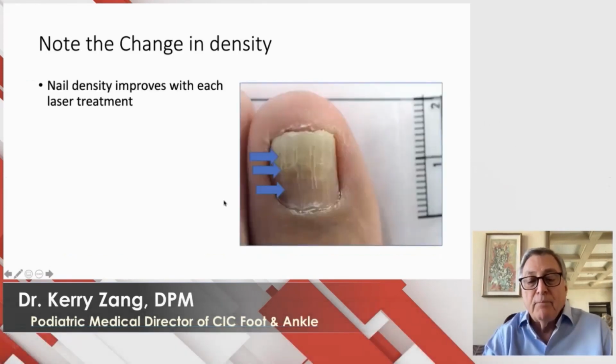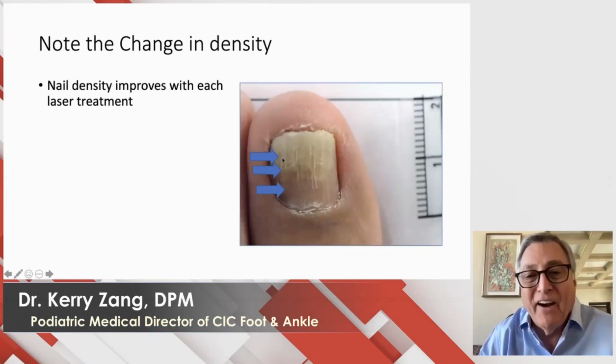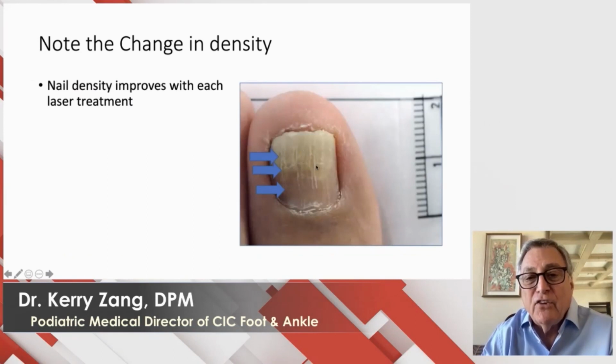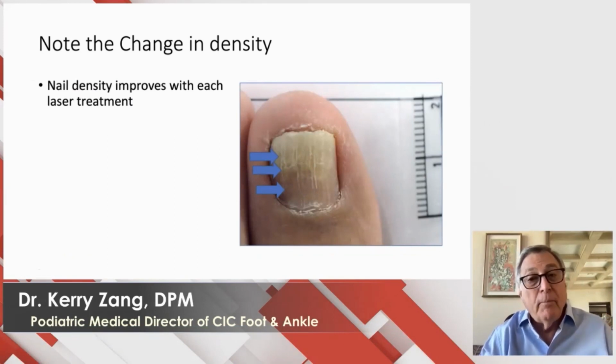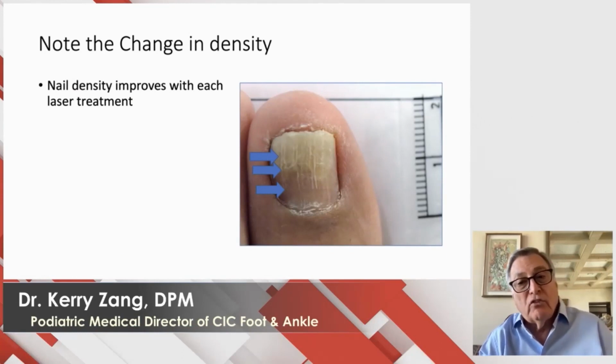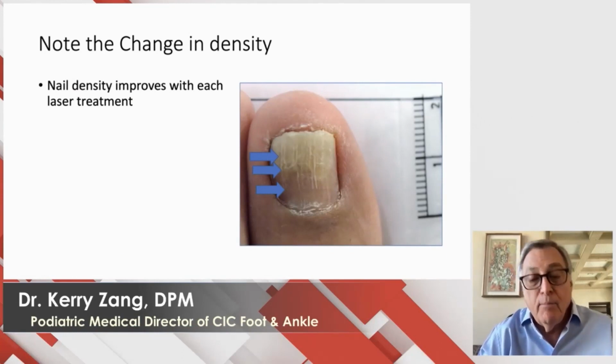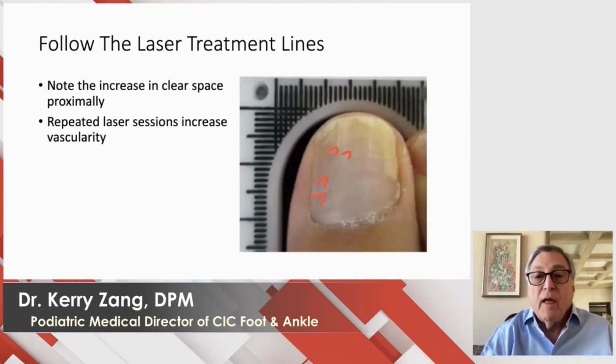Third, well, I'll show you over here. Over here we have a laser line, another laser treatment line, and you can see very distinctly when we're finally getting complete clearing, how the nail is growing out normally. And as it grows out, it becomes thinner, looks less angry, and becomes normal.